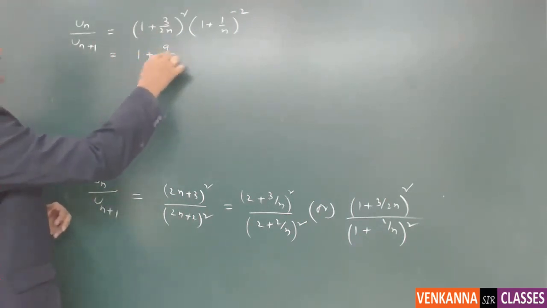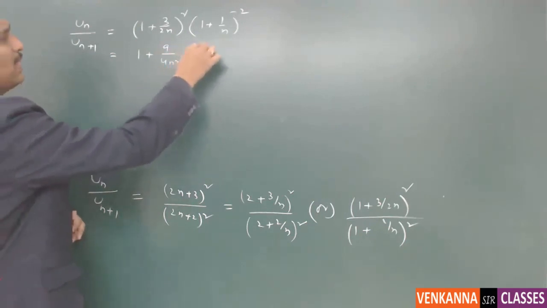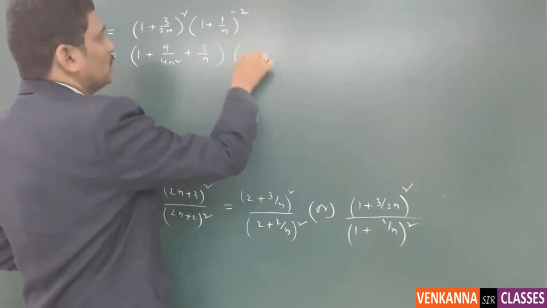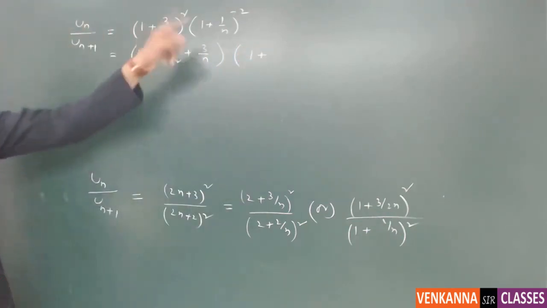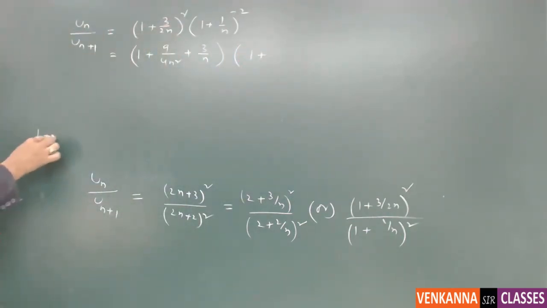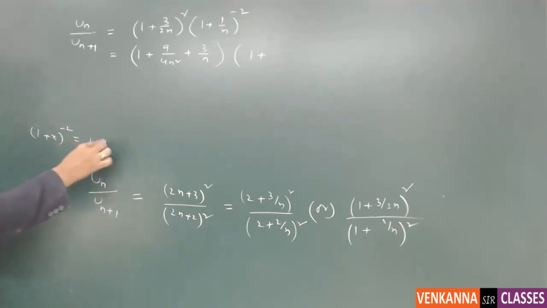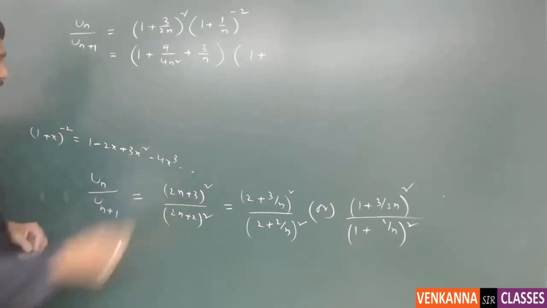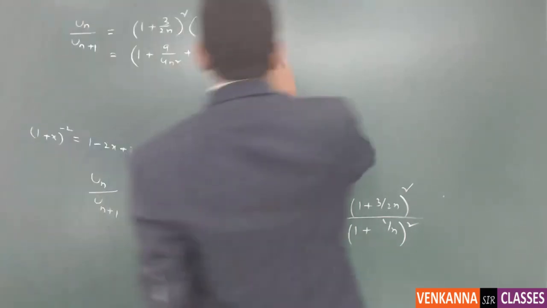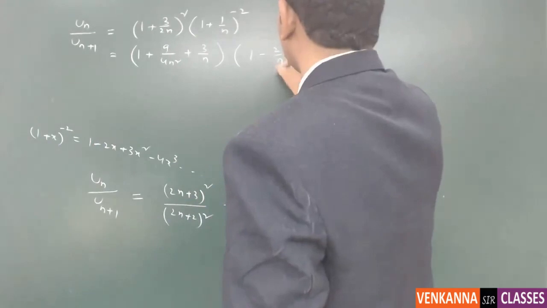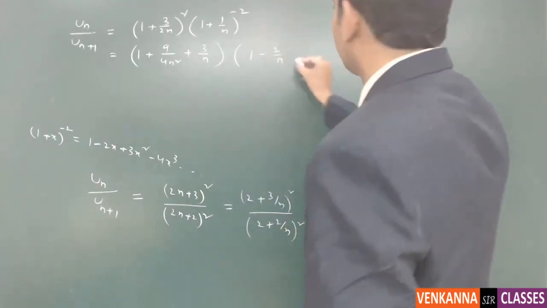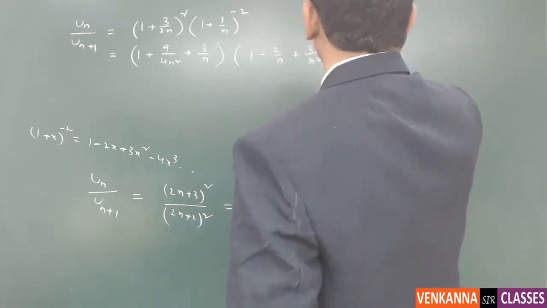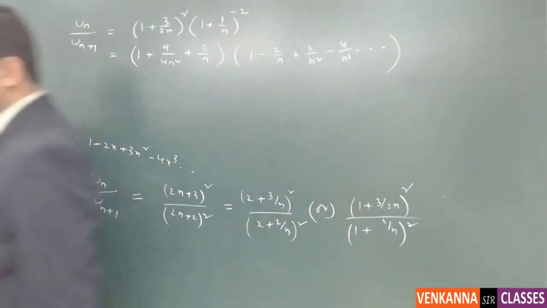So 1 plus 9 by 4n square plus 3 by n into, it is of the form 1 plus x whole power minus 2. The expansion is 1 minus 2x plus 3x square minus 4x cube and so on. So it will be 1 minus 2 by n plus 3 by n square minus 4 by n cube, so on. You accept it all?